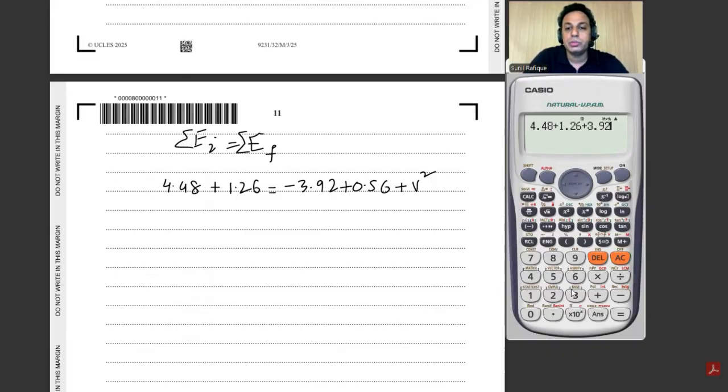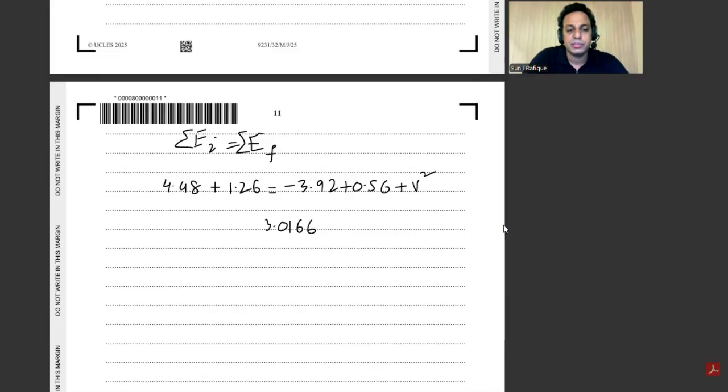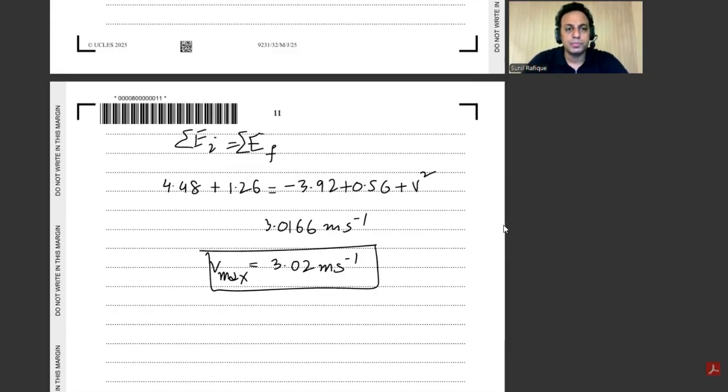Plus 3.92 and minus 0.56, right? Let's go. Square root answer, and this is going to be 3.0166 meters per second. I can write 3.02 meters per second as the final answer. That's V max, and that's it for this question.